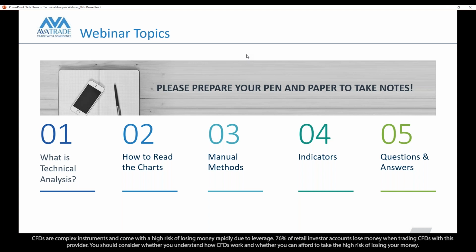And we'll go through some key formations and patterns that maybe we see today on the charts that might help us indicate where we might prefer to get into trades, out of trades, what we might expect to happen moving forward, potentially based on the past, etc. And sometimes beyond the manual methods of technical analysis, where we draw our own lines on the charts to outline these patterns that we find, you also can use indicators, which can also assist you with recognizing spots that maybe are opportunistic for entering into trades or getting out of trades, etc. And as we go along, if you have questions, if you want to give input, feel free to do so in the question box there.